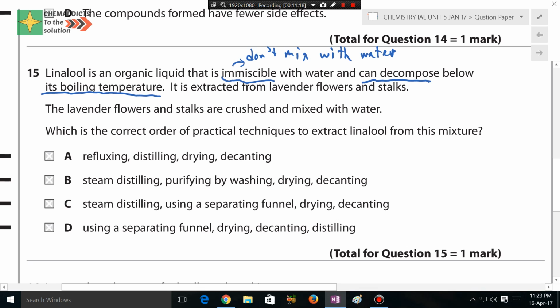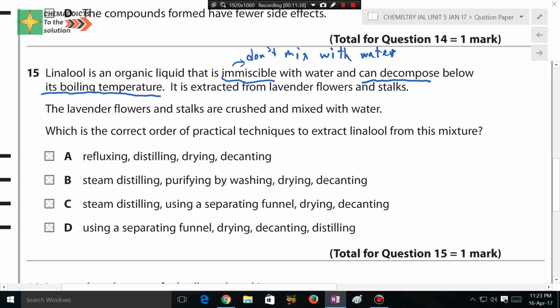It is appropriate to mention that linalool doesn't mix with water and can decompose below its boiling temperature.